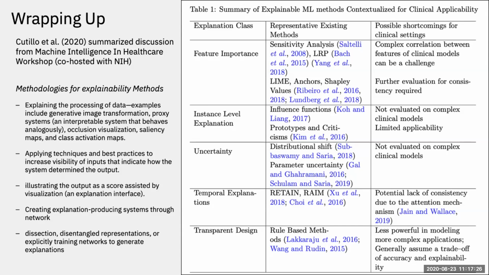We also talked about systems able to generate rationales. And these methods are all grounded using a plethora of AI algorithmic classes that are shown on the right-hand side of this chart. This includes feature importance techniques that we talked about, instance level explanations, uncertainty modeling, temporal explanations, or even transparent or inherently interpretable modeling approaches.